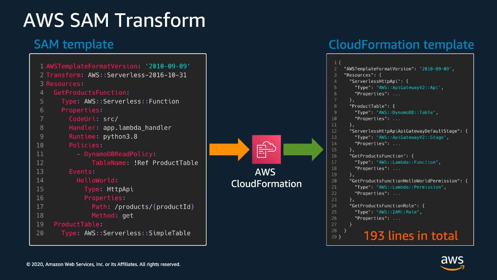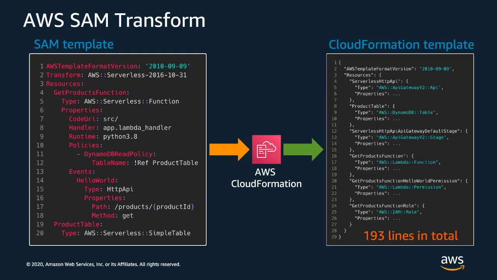You'll also notice on line 2, we have a transform. We're telling CloudFormation that when you receive this template, we need you to make a transform before you build it. So what will happen is we push this to AWS CloudFormation, and CloudFormation will see that transform, and it'll take any non-serverless resources and pass them right over into the CloudFormation template. And it'll take the serverless resources, like this function we're using, and convert them into standard CloudFormation resources. So these 20 lines of code now become 193 lines in CloudFormation.